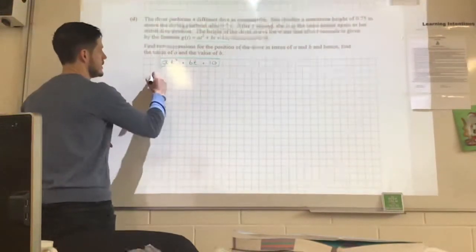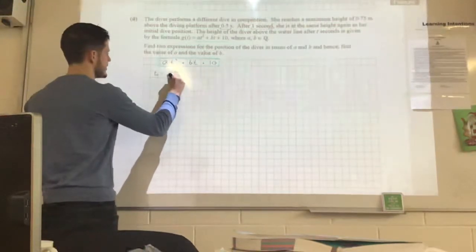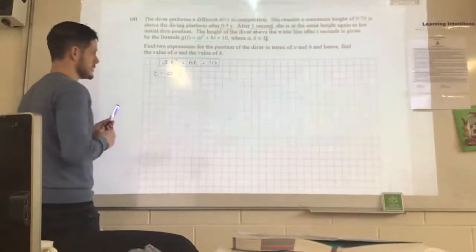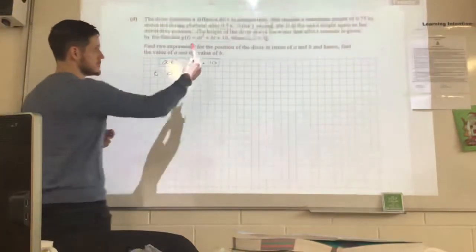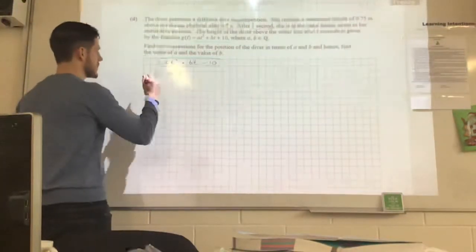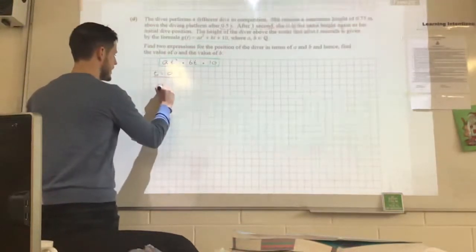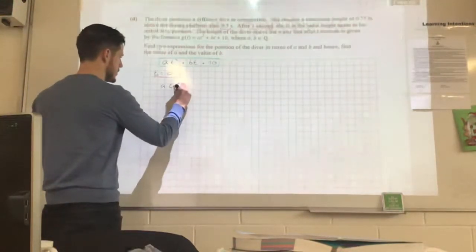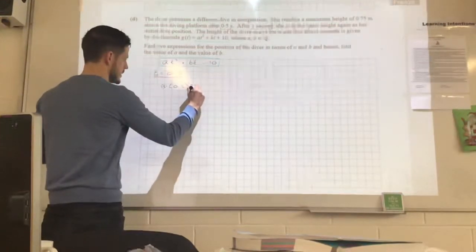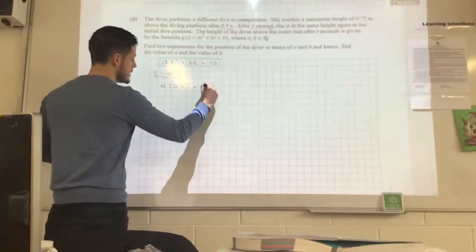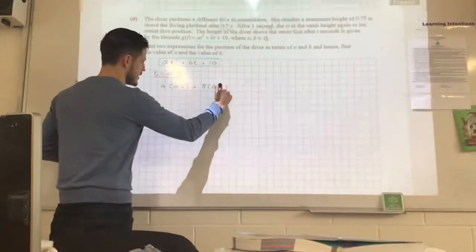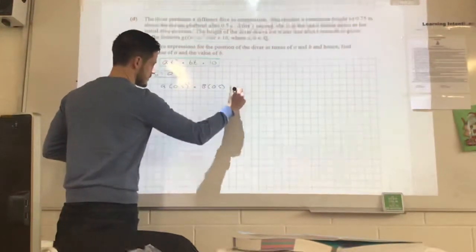Let's sub in t is equal to 0.5. And even if you're unsure about how to do this in an exam, if you see something like this, just start subbing it in, you'll get good marks for that. So t is equal to 0.5. So I have a times 0.5 squared plus b times 0.5 plus 10.